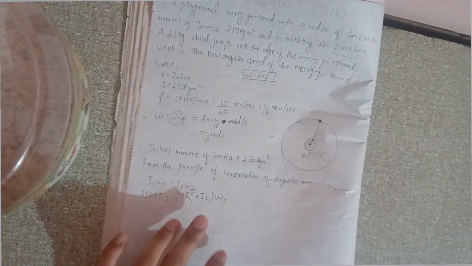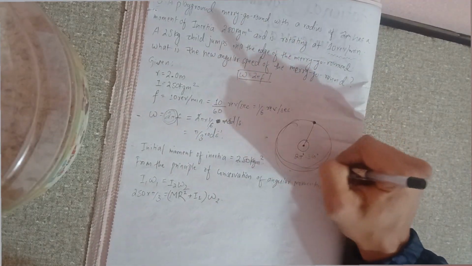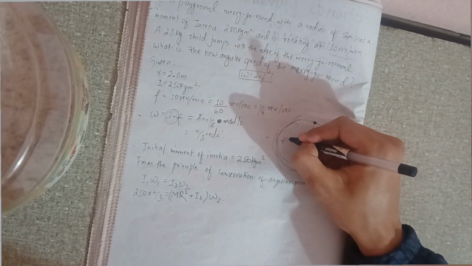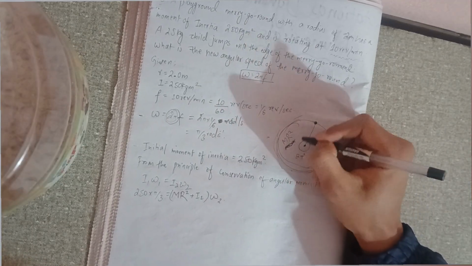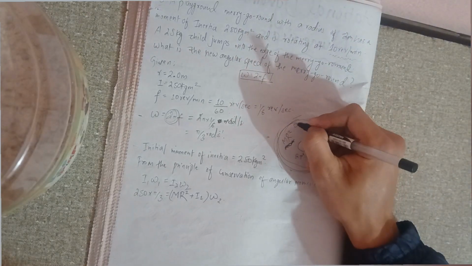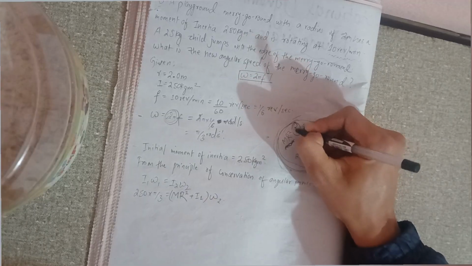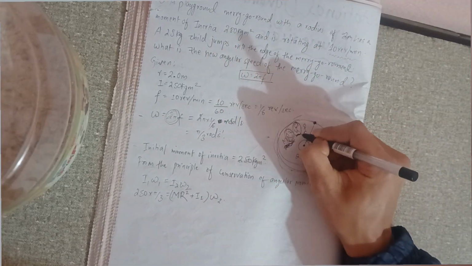Why did this happen? In this merry-go-round, the initial mass of every particle and itself was mr square. This was the moment of inertia initially. Since the radius is constant, if the kid jumped in at a constant radius where the other kids were also there, let's forget this, but the mass increased.